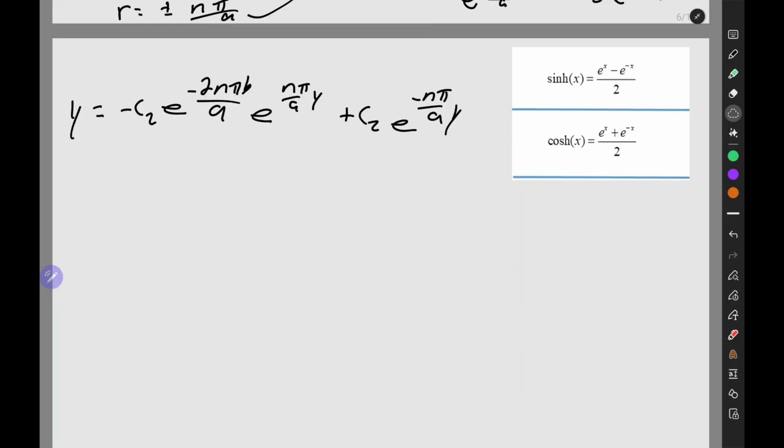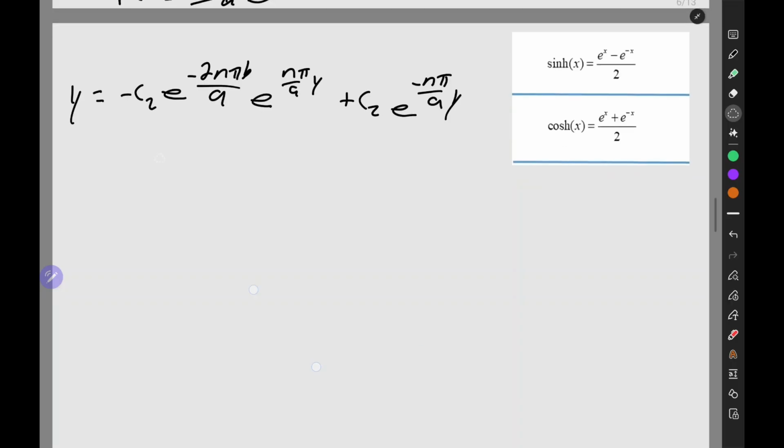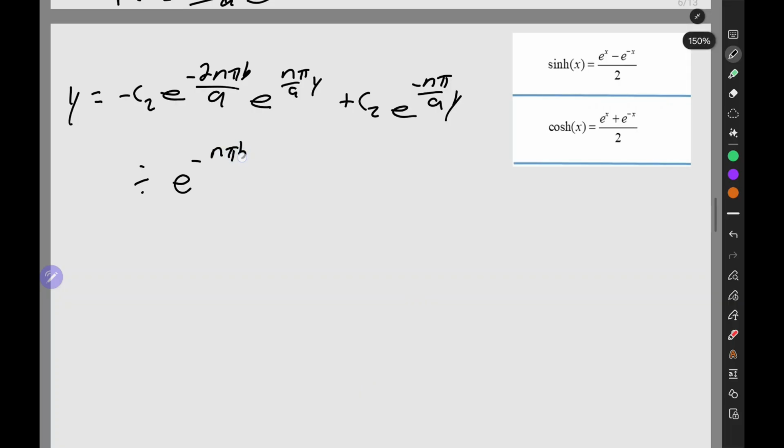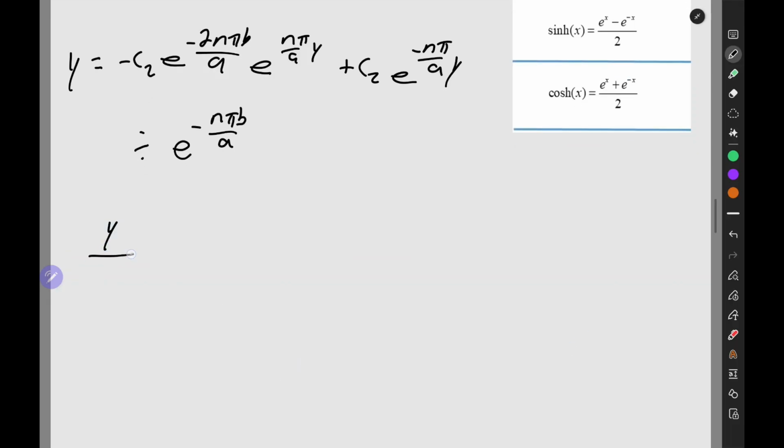So what we're going to do is divide the whole thing. There's multiple ways you can get to it, but this is what I determined on my own time. You just divide by e to the negative n pi b over a. Some magical things will happen.